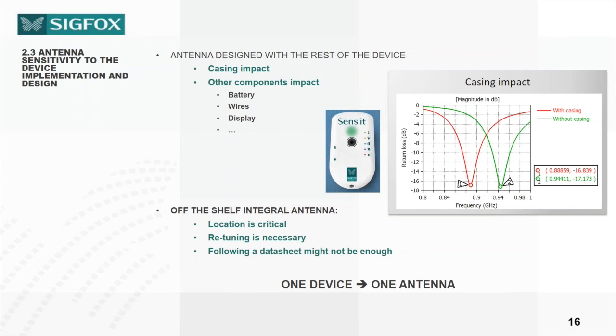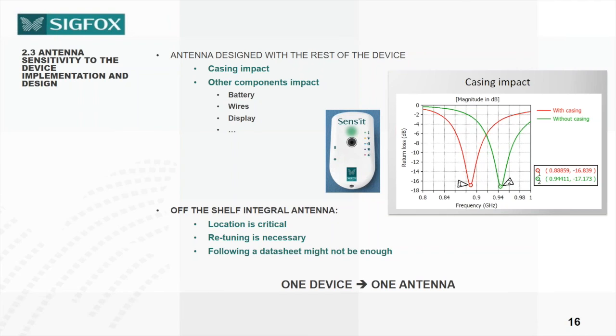Just if we speak quickly about an off-the-shelf antenna, as we have seen, it will be impacted by the rest of the device, so the location is critical. A retuning of this solution will be necessary if you select an off-the-shelf antenna. And yes, following a datasheet might not actually be enough.